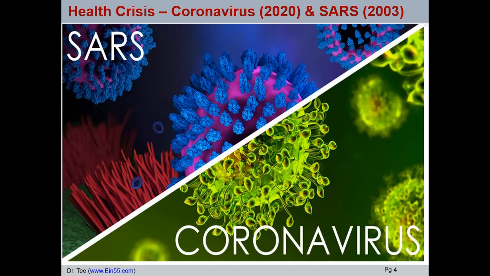The first thing, roughly around January 2020, we heard about this new virus, about the outbreak. This reminds us of the last frightening SARS, which happened in 2003.